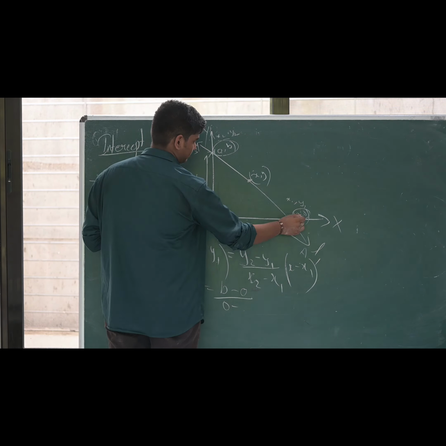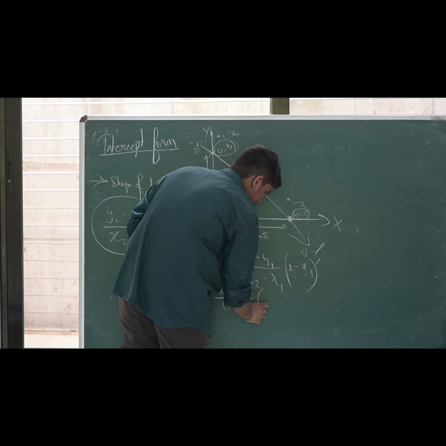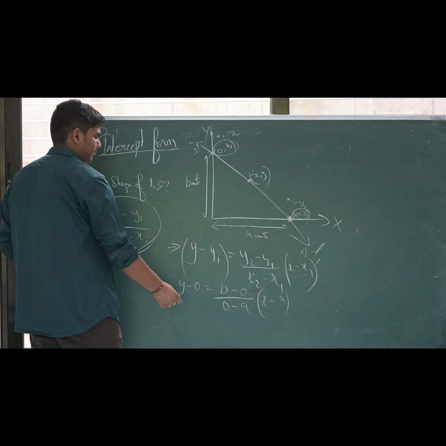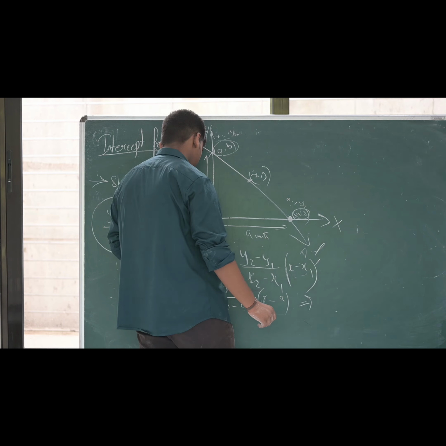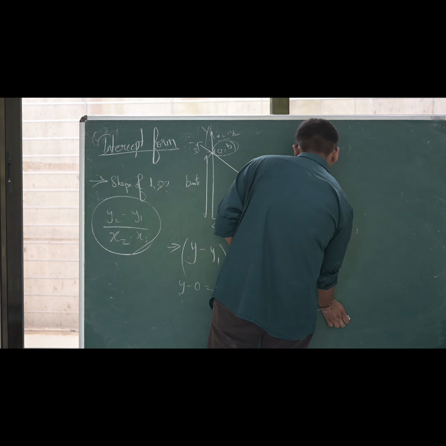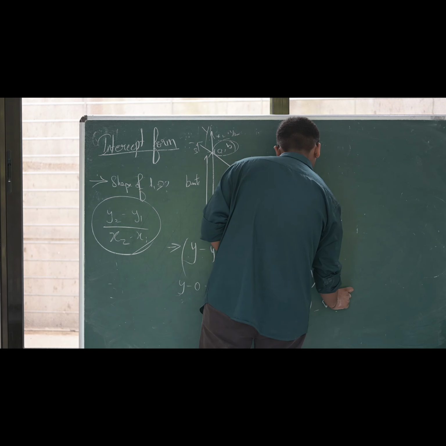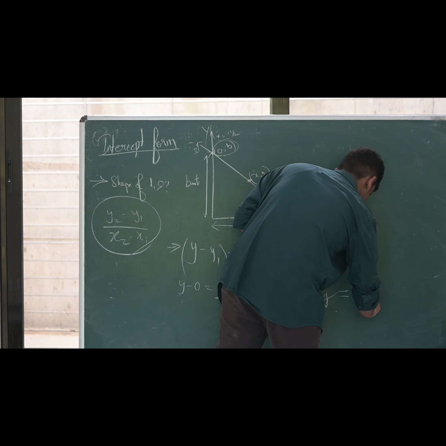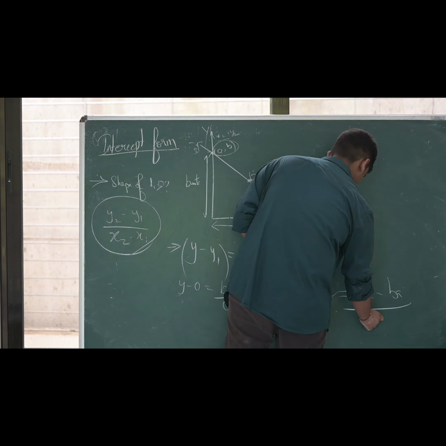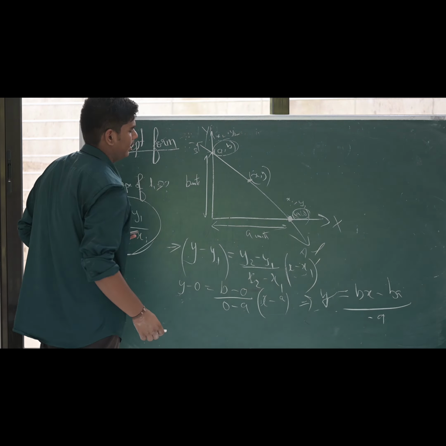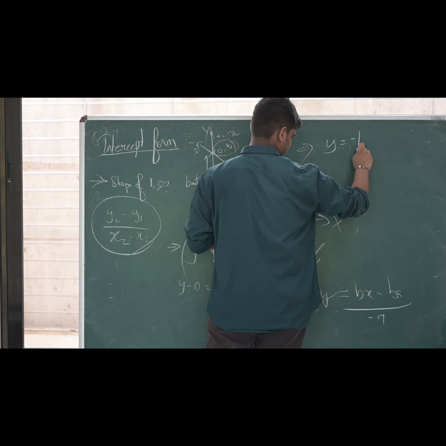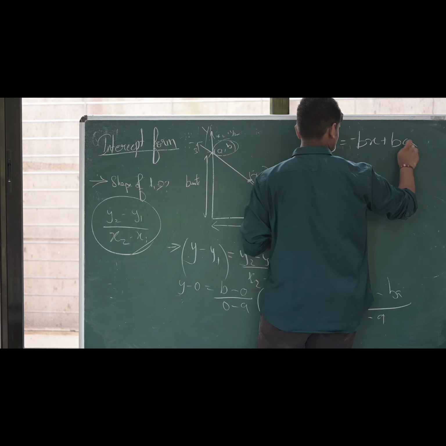What is x1? a into x minus x1, x minus what is x1? a. After multiplication, what will we get? y is equal to b into x minus b into a by minus a. Now multiplying the minus, y is equal to minus bx plus ba by a.